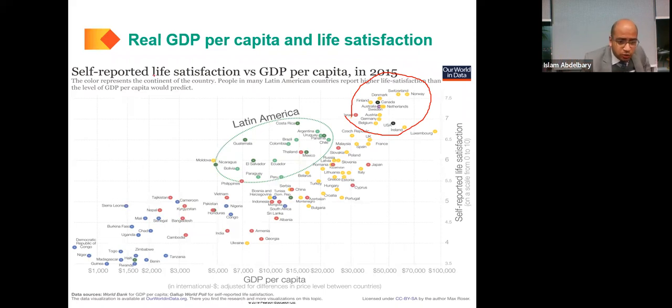While people in Togo, Rwanda, Niger, Congo, Zimbabwe, and other low-income countries have a low level of life satisfaction. So what does it mean? Again, it confirms the message that income is not everything, GDP per capita is not everything, but it's highly correlated to other factors in life.